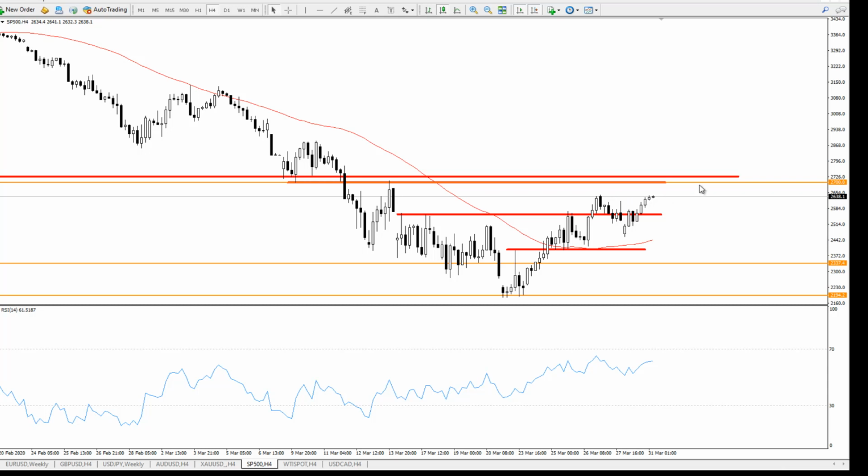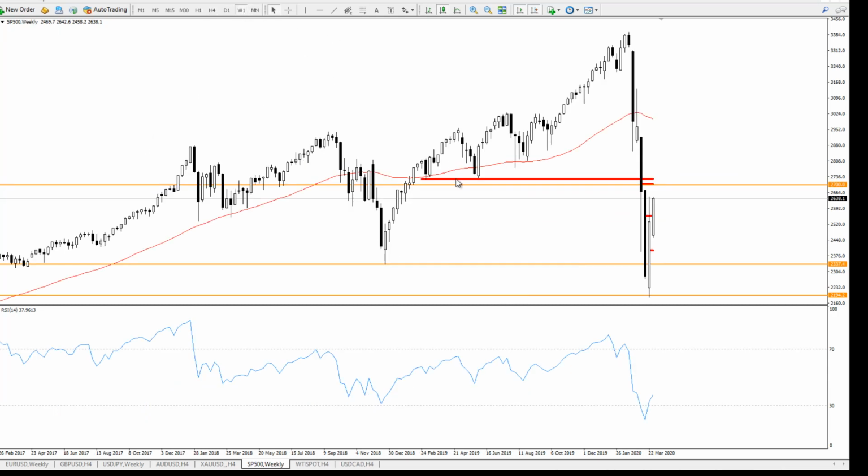I'll be looking at 2700 as a big round number, and then you can see based on our weekly chart, it's these two big lows through here, which did not offer any support where markets were crashing, but potentially could offer some resistance on this pullback here. So I'll be watching that 2700 and just above where these two lows were.